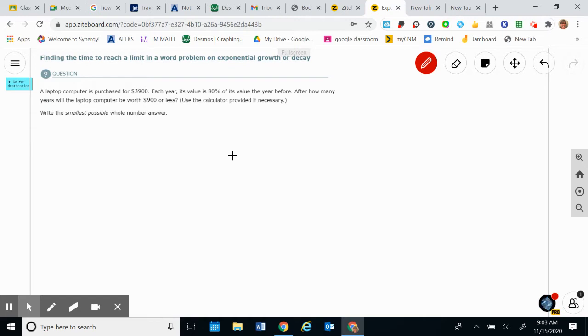All right, a laptop computer. Let's read it and figure out what formula to use. It says a laptop computer is purchased for $3,900. Each year, its value is 80% of its value the year before. So in other words, it's depreciating, it's going down. After how many years will the laptop computer be worth 900 or less?